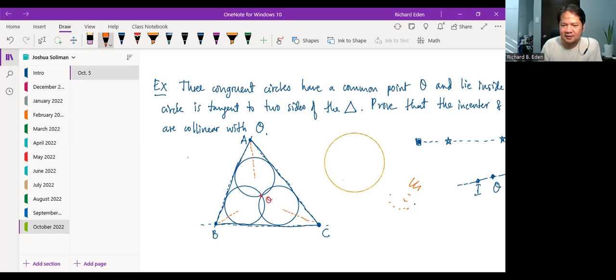So then expand the image or something. Oh wait, no, that will change the circles. Oh, they don't intersect at all. So this is the incenter I. How to arrange the angle bisectors though? Sige, let's leave the angle bisectors.